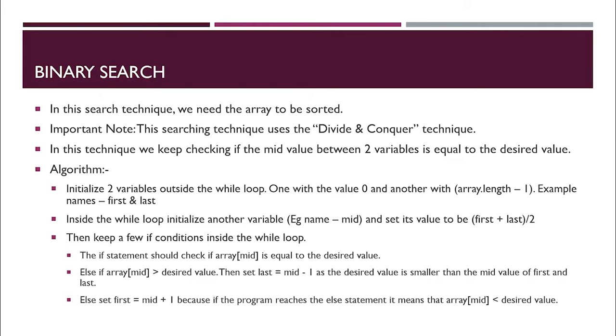And if array[mid] is not greater than the desired value, then it'll go to the else statement, which means that array[mid] is less than the desired value. And so we need to increase the mid value by increasing the value of first. Yeah, that's pretty much it.